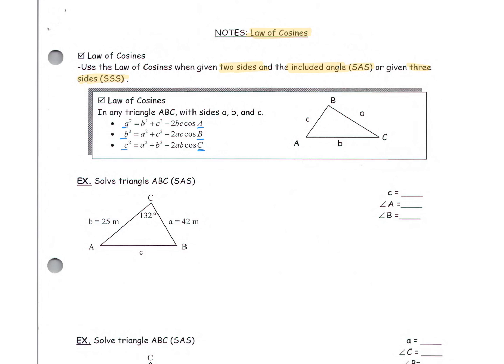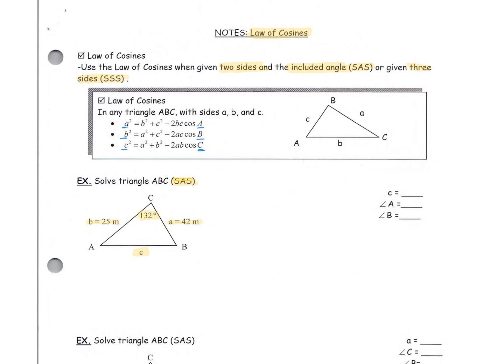The first case we're going to look at is side angle side. You'll notice that we have two sides, and we have the angle in between them. Whenever we have that situation, of the three equations for the law of cosines, we're going to pick the one to solve for the side we don't know. In other words, we want to use the one angle we do know.